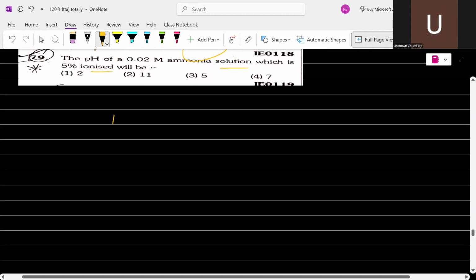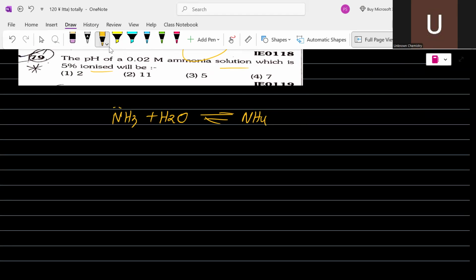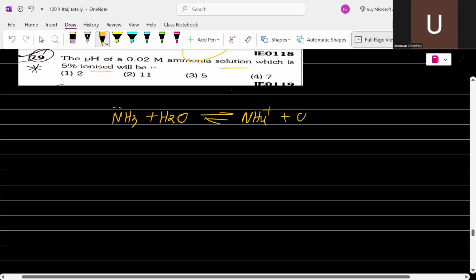Now we have ammonia. When we add ammonia in water, it will ionize water, right? It will abstract a proton from water. It will form NH4 plus and OH minus.